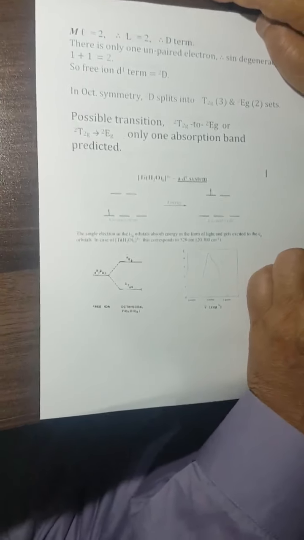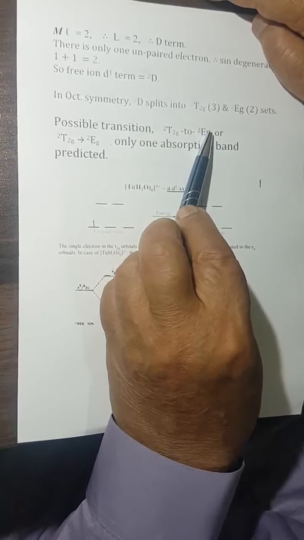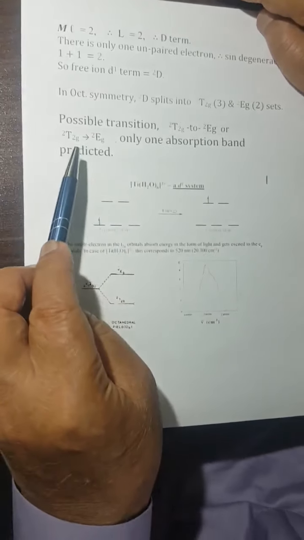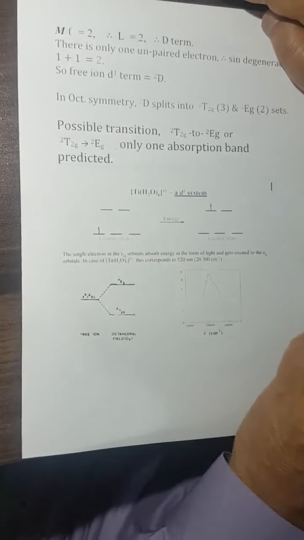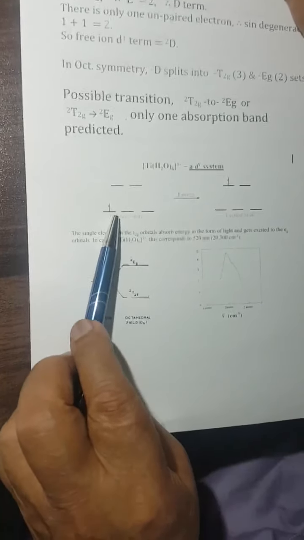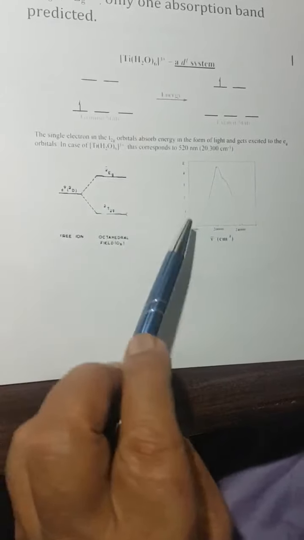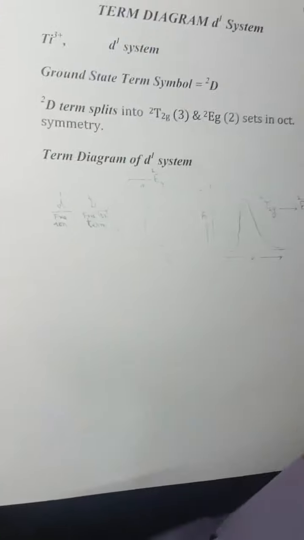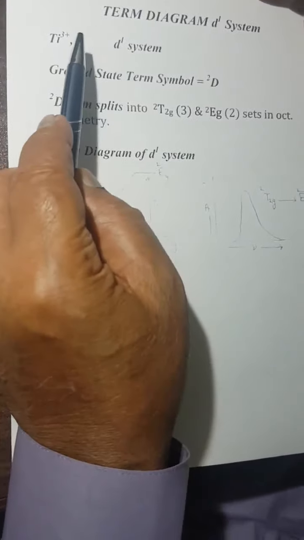So the possible transition will be from 2T2G to 2EG, and only one absorption band is predicted. See here, ground state, excited state, and one band. And that is the whole thing. I'm saying what will be the term diagram?